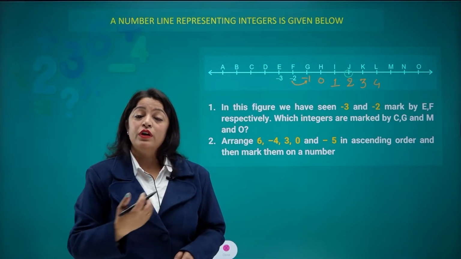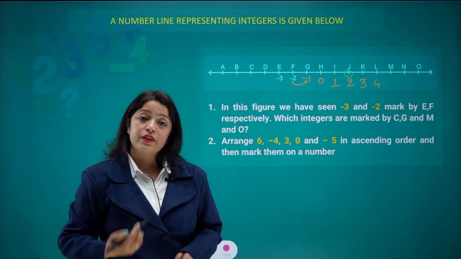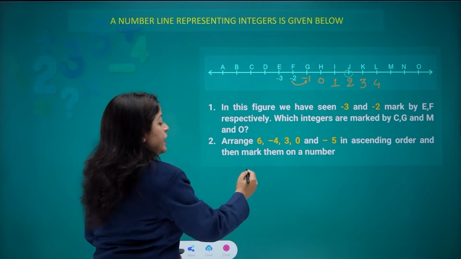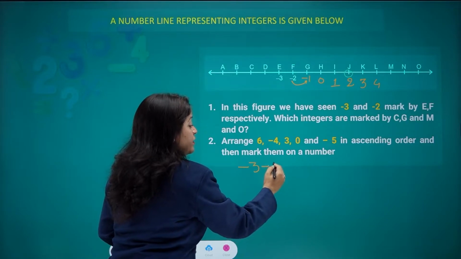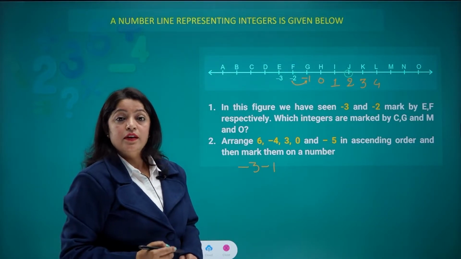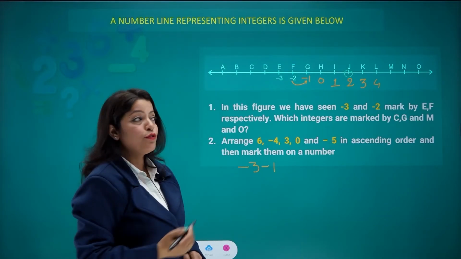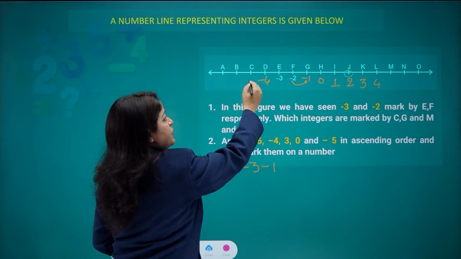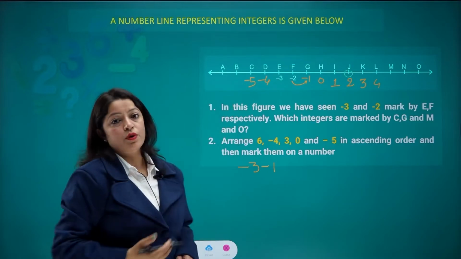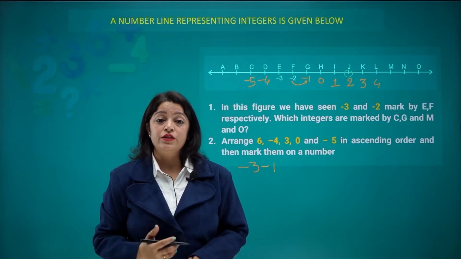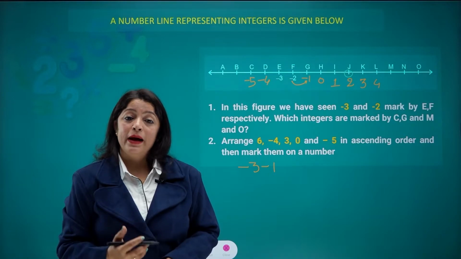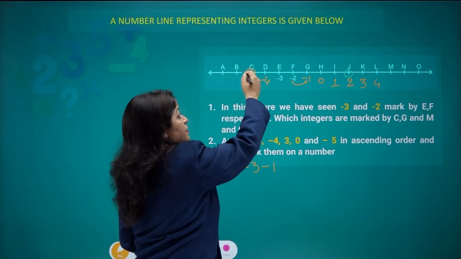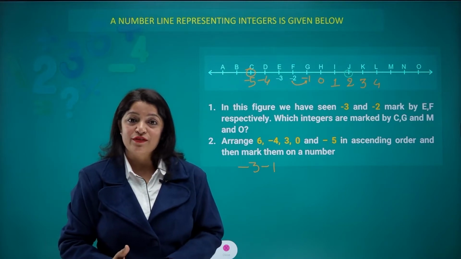Similarly, if I move to the left on the number line, I have to decrease by 1. Decrease by 1 means if it is minus 3, I have to subtract 1 from this. That means now it becomes minus 4. So, the number which is written next to it is minus 4, then comes minus 5 and so on. So, which integer is represented by the letter C? You can easily look at this and say that it is minus 5.